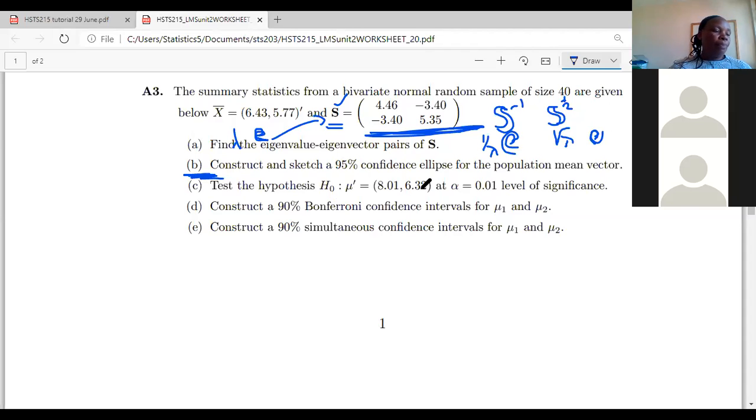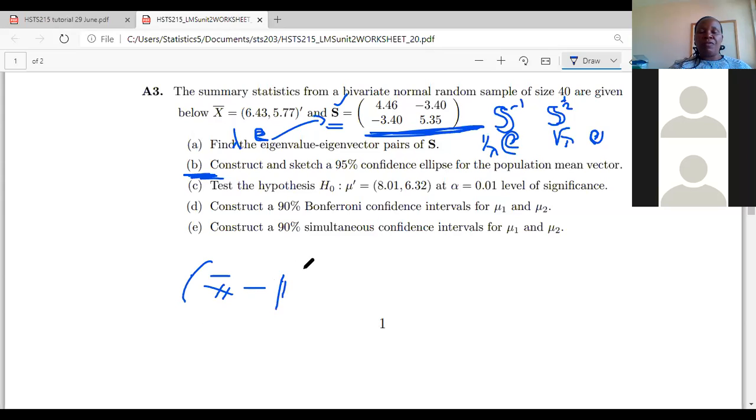The formula for finding the confidence ellipse, right? Let me try to find that. Right, we have x, x minus, so it's x bar minus mu, right?